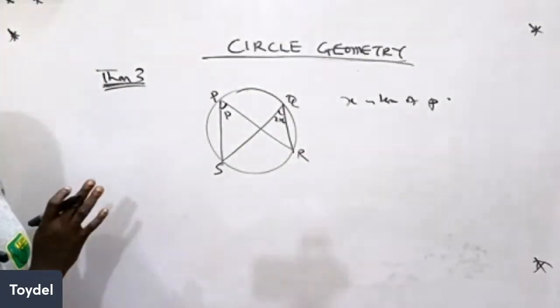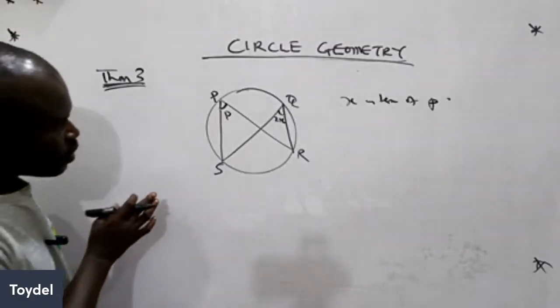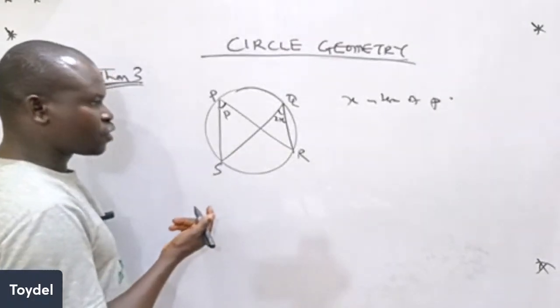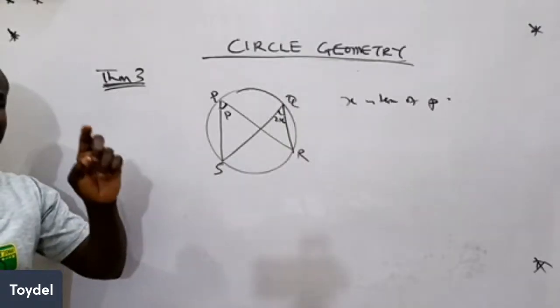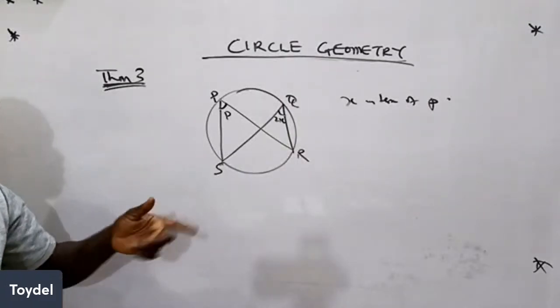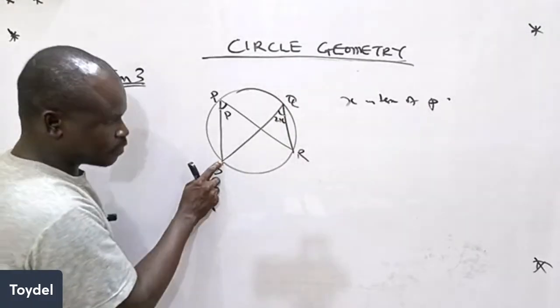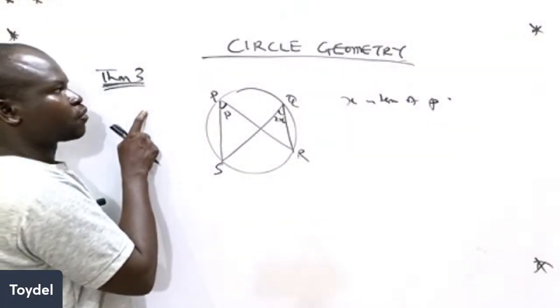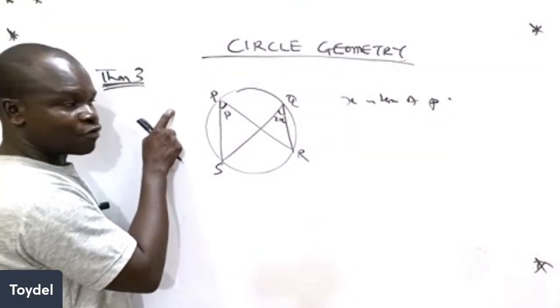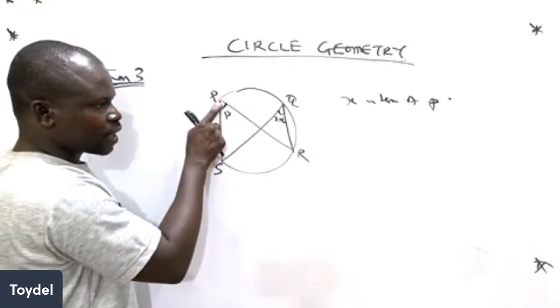Look at the diagram very well. As I've said earlier, if you want to use the second theorem, which says angle at the center is twice angle at the circumference, you check where the angle starts from and where it ends. This theorem 3 also, angles on the same segment are equal. You check the starting point and the ending point.